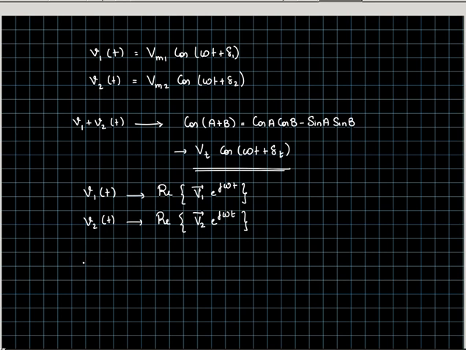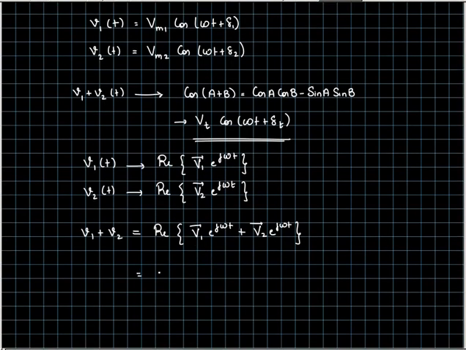So, using that relation, we can say V1 plus V2 is equal to the real part of phasor V1 e raised to j omega t plus phasor V2 e raised to j omega t. And since e raised to j omega t is common, you can write this as the real part of (V1 plus V2) e raised to j omega t.